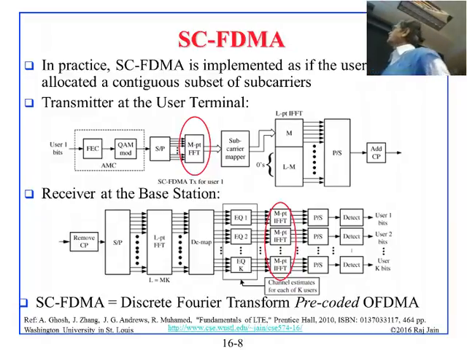Okay, second user will put the next one. For you, rest will be 0, and then you do your L point IFFT, and then you do the parallel to serial and you send it out. It's not very different. If you compare with this diagram, previously this was not there.